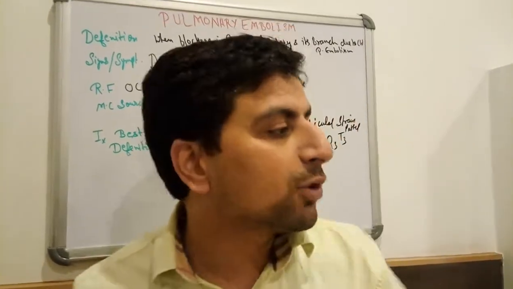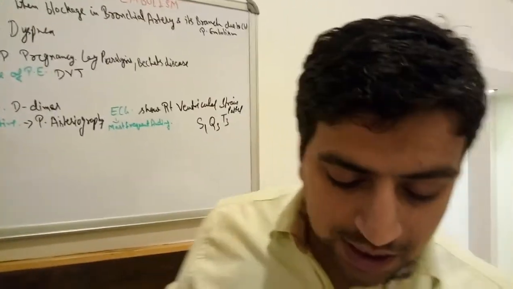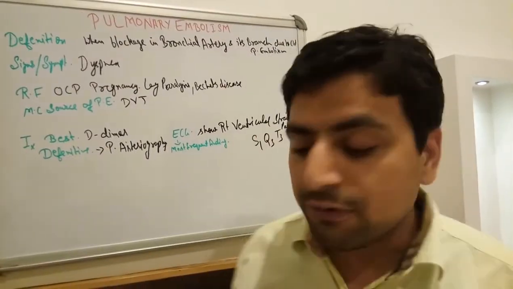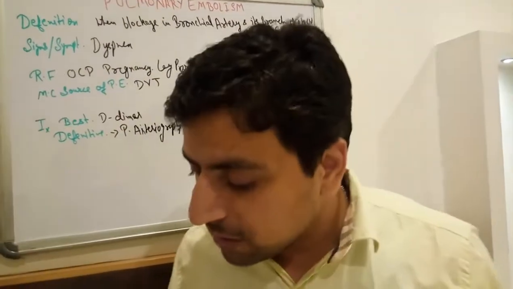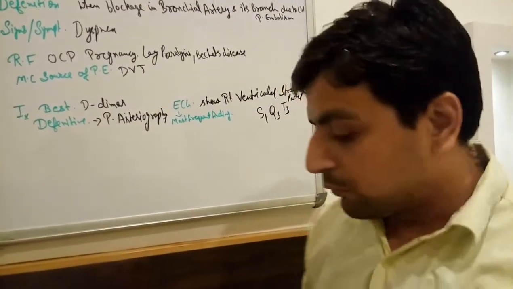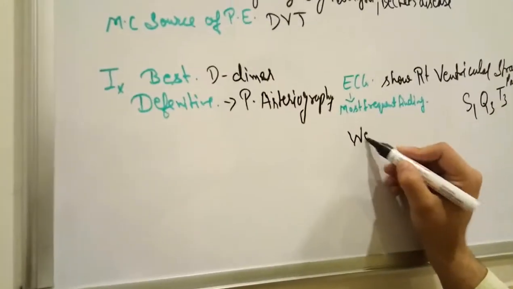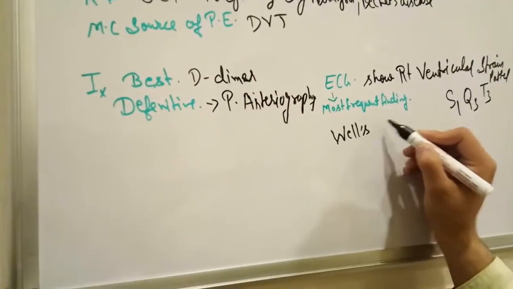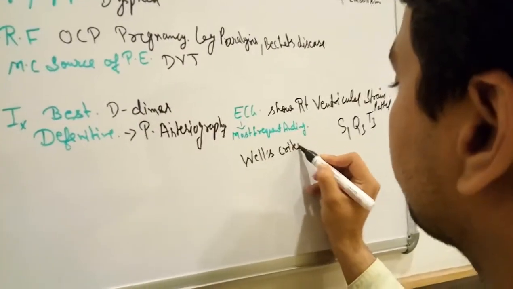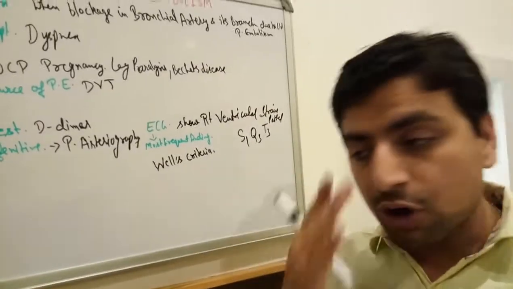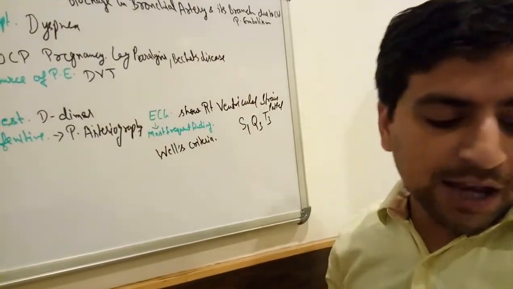So my dear friends, I am going to explain what the Wells criteria are and what they indicate. It's very important to know the Wells criteria. Wells criteria for pulmonary embolism, or grading. And I'm going to explain what they include and why we need this.